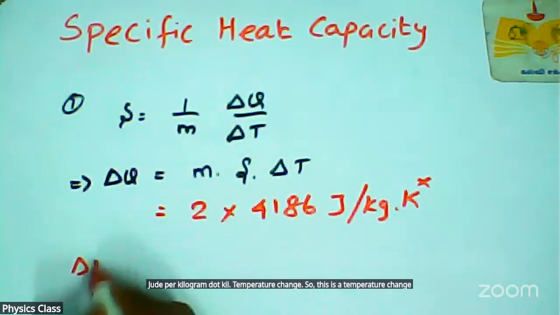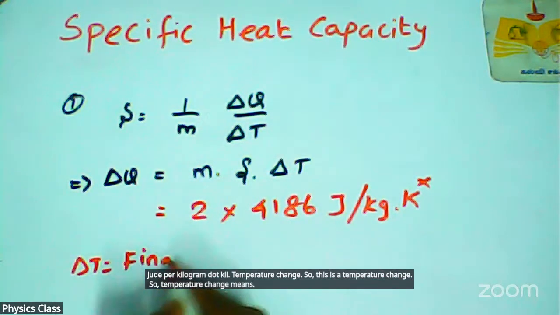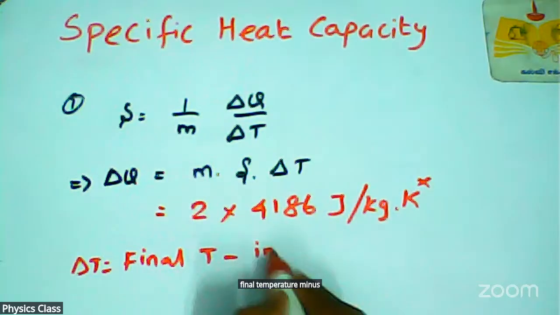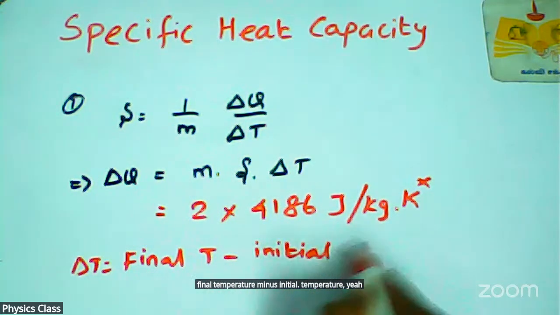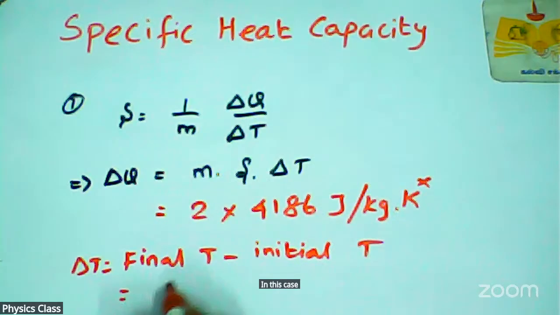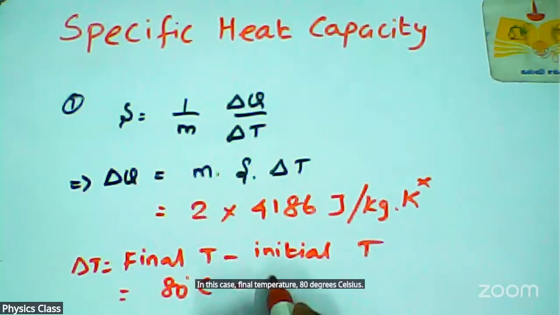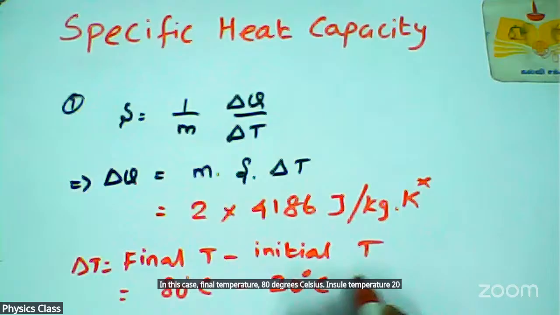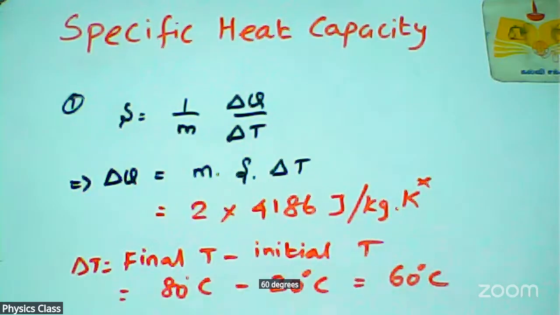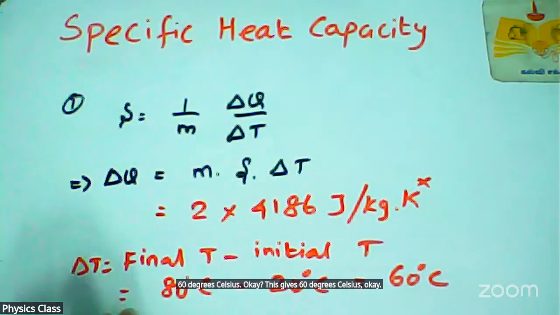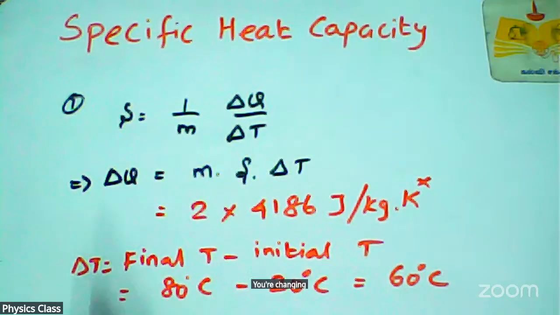Temperature change means final temperature minus initial temperature. In this case, final temperature 80 degrees Celsius, initial temperature 20 degrees Celsius, which gives 60 degrees Celsius. A change of 1 degree Celsius is equal to a change of 1 Kelvin.